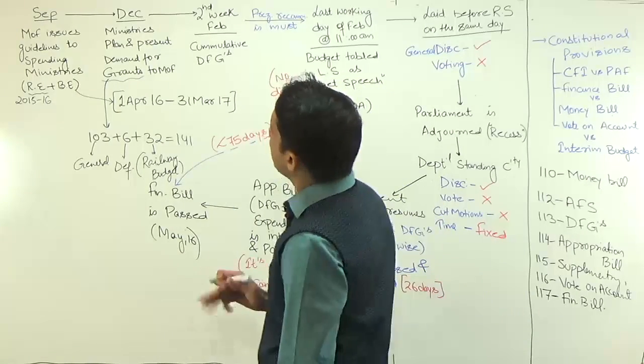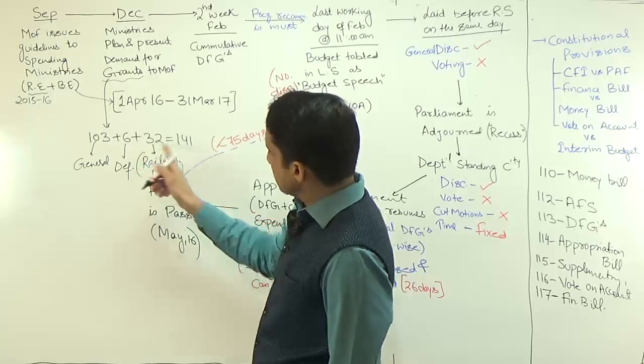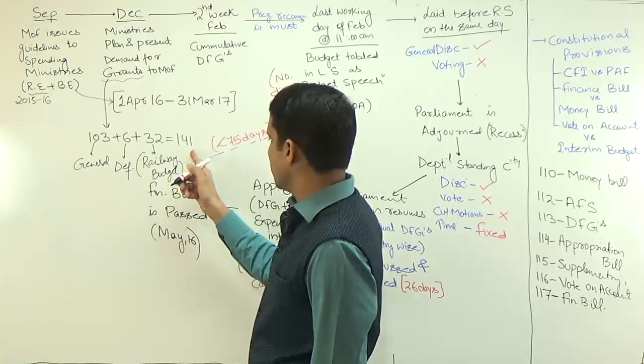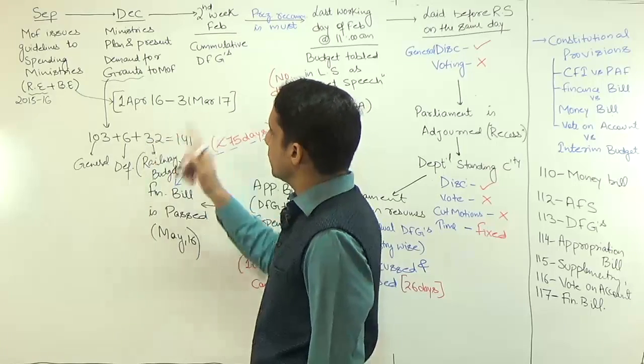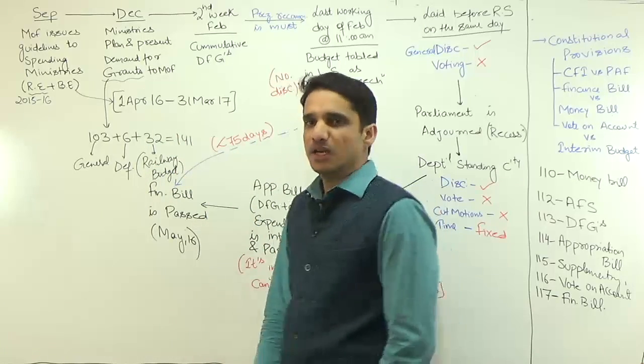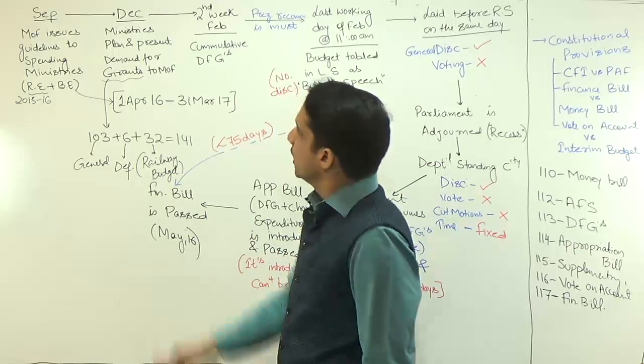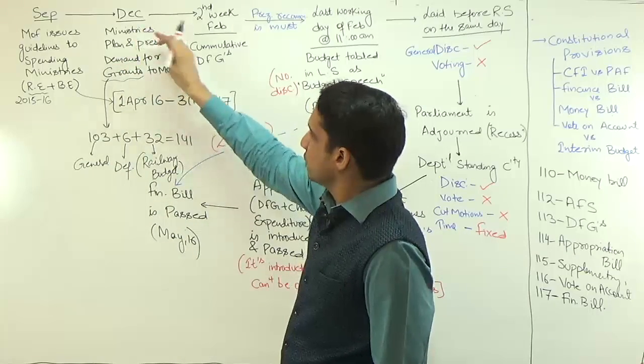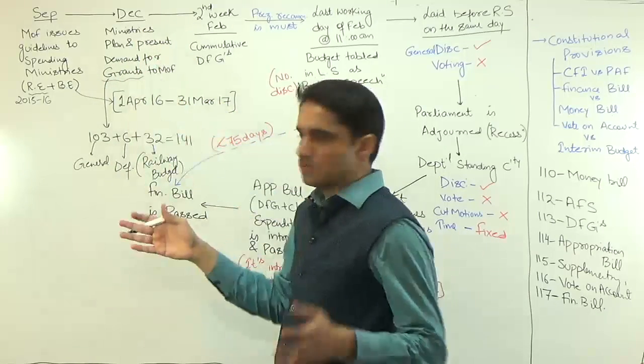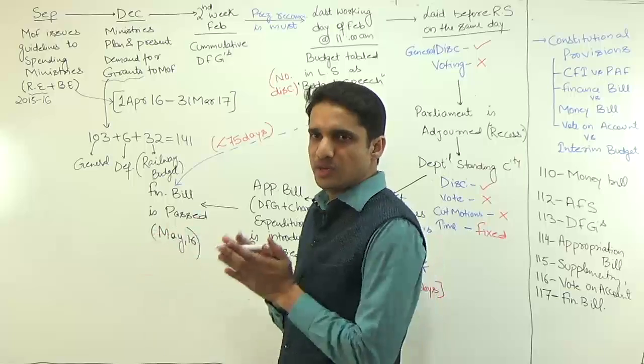Anyways, back to economics. So there are a total of 141 demands for grants. It means we can have more than one demand for grants for one ministry. Once the Ministry of Finance gets the whole demand for grants, they have to accumulate and combine all of them.